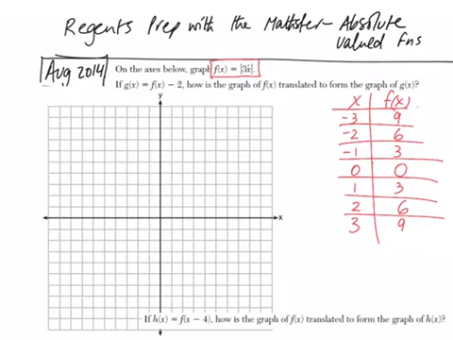Now let's plot these. We have 1, 2, 3. So at -3 it's 9. At -2 it's 6. At -1 it's 3. At 0 it's 0. At 1 it's 3. At 2 it's 6. And at 3 it's 9.